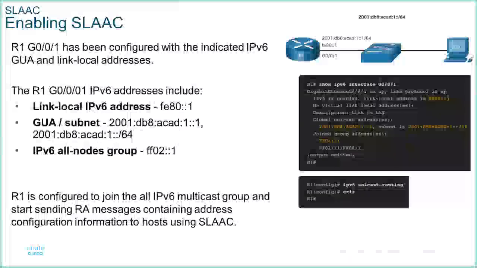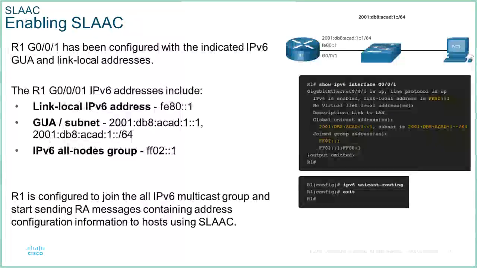SLAAC is basically on when you configure your device, and you can have a look here that as soon as you start up an interface with IPv6 turned on, you'll give it a link local address, you will give it a global unicast address, and it will join the all nodes group, which is FF02::1.